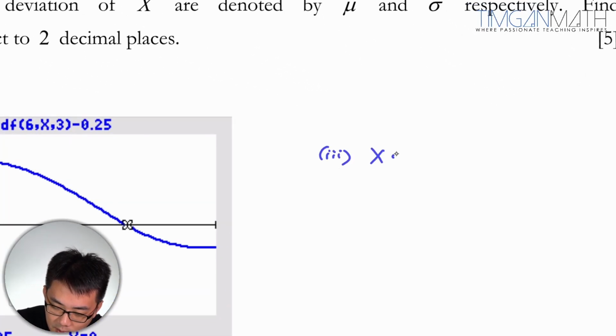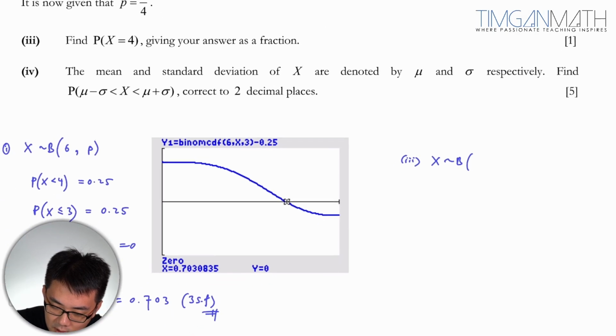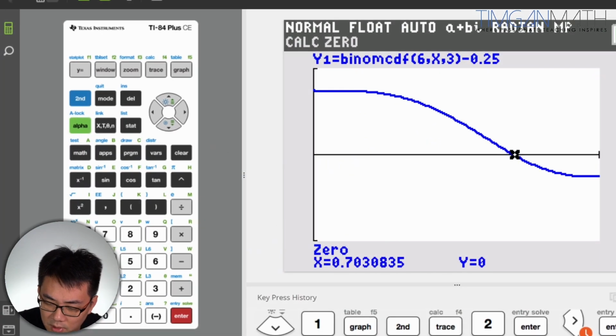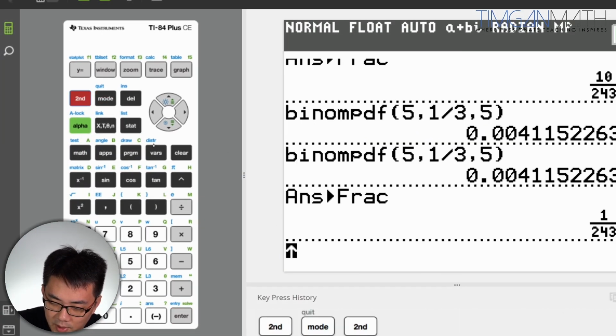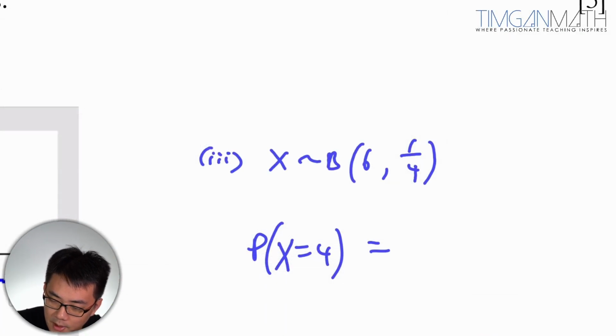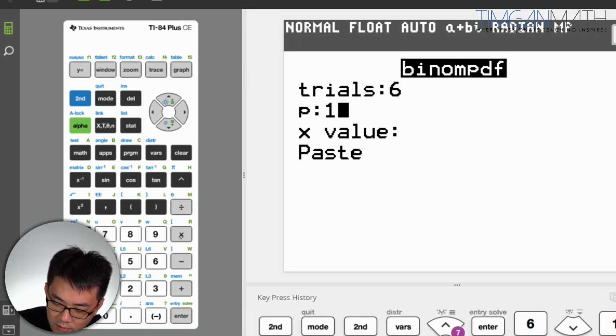If X is binomial, this will be 6 and 1/4, P(X equals 4). You can just key into the calculator. I don't think that's a big value. You can just use binomial PDF, because it's just a mark, 6 and 25%.